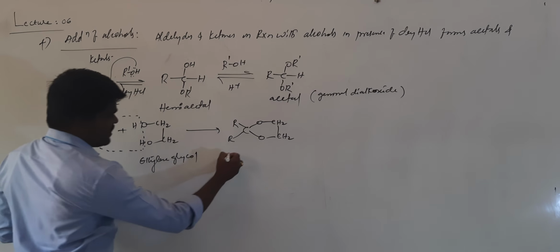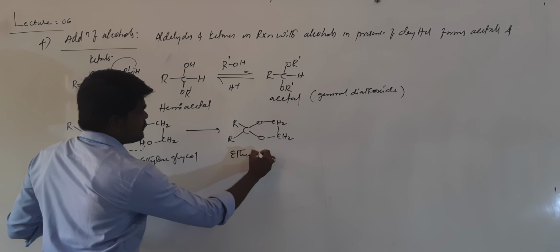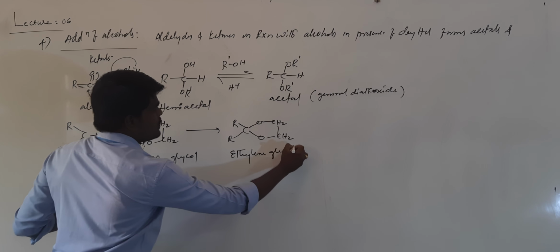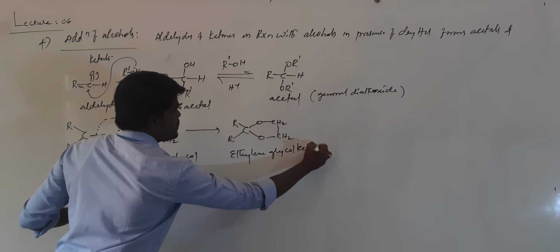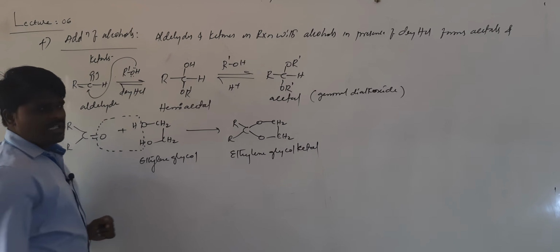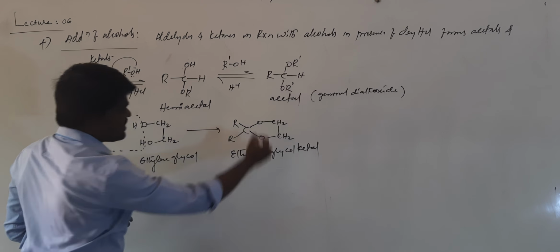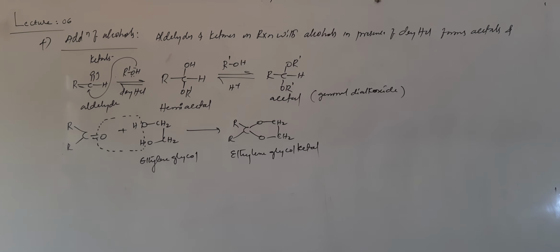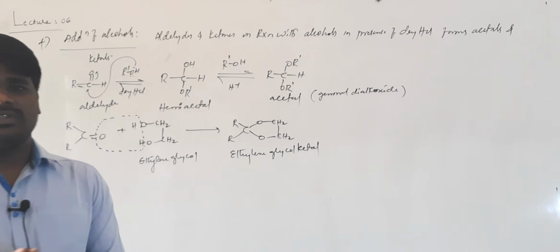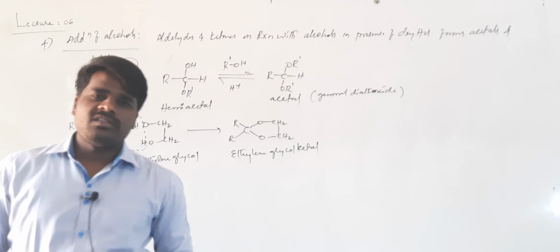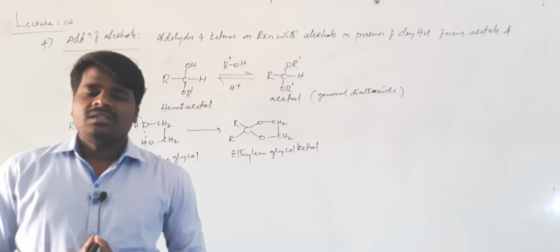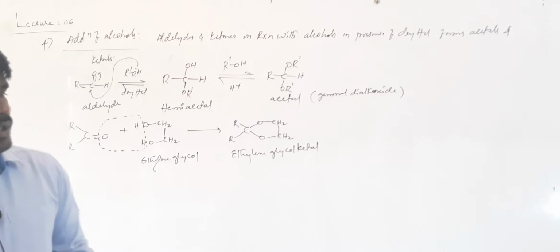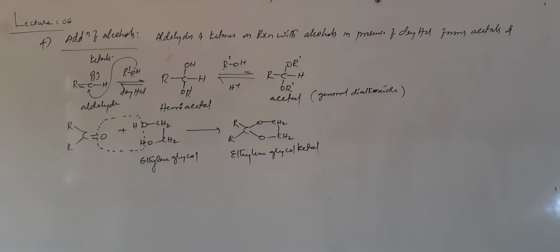We call it cyclic ketal. Since it is a 5-membered cyclic ring, we call it cyclic ketal. The important aspect is that aldehydes and ketones on reaction with alcohols in presence of dry HCl will form acetals and cyclic ketals. This is about the reaction of aldehydes and ketones with the alcohols.